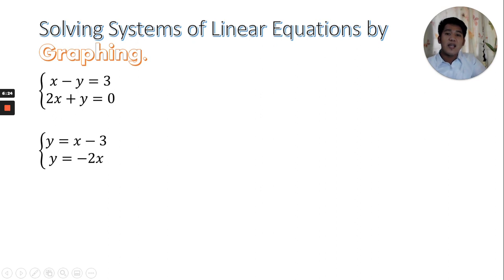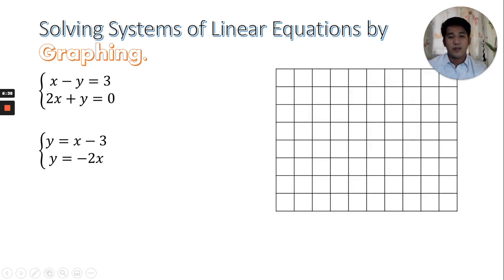Okay, is it clear? I think no need for me to rediscuss how to rewrite linear standard form into slope-intercept form. Now, after this, what we are going to do is to graph. You make the Cartesian plane, of course. You put the x and y axis and then graph. Okay?